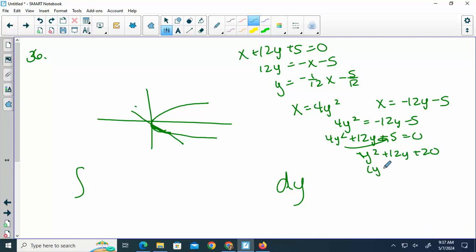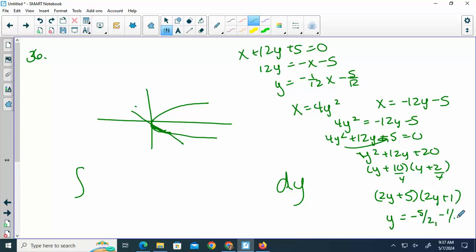So that would factor into y plus 10, y plus 2, divide by 4, 10 over 4 is 5 1/2, so 2y plus 5, and 2y plus 1. So our intersection points are negative 5 halves, negative 1 half.